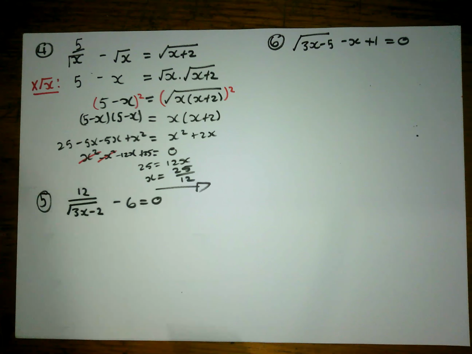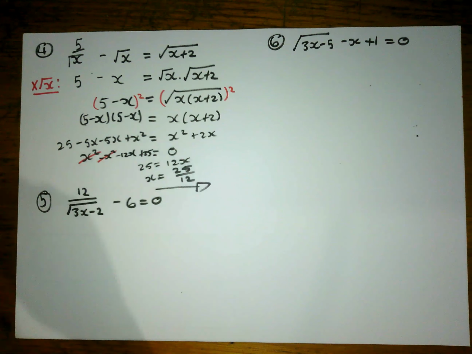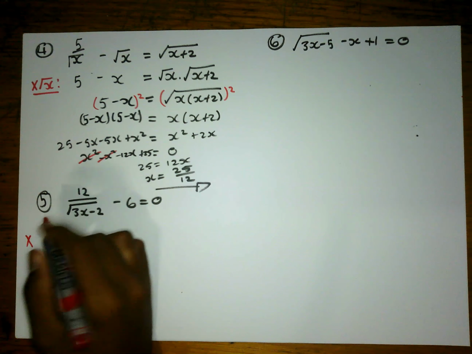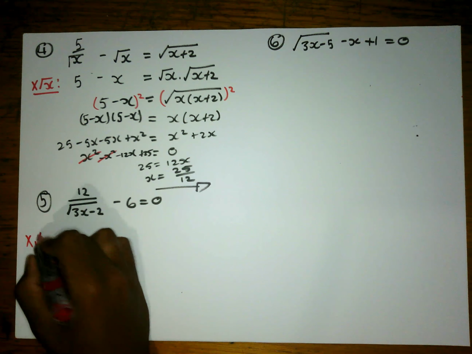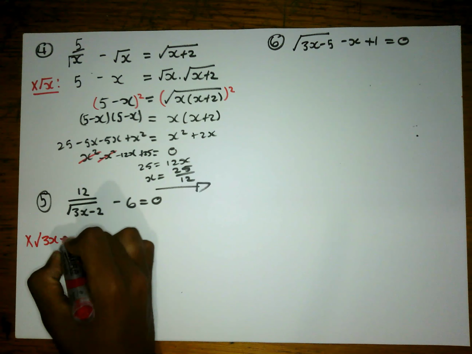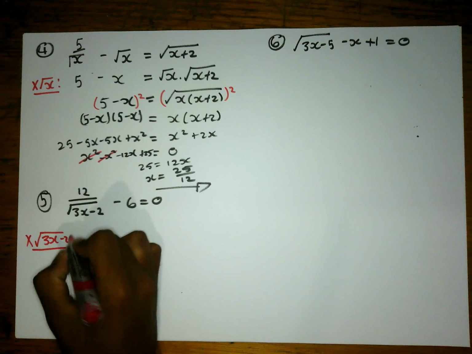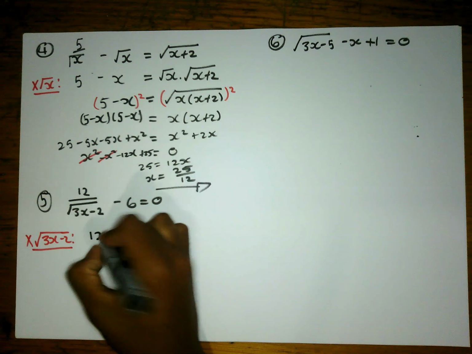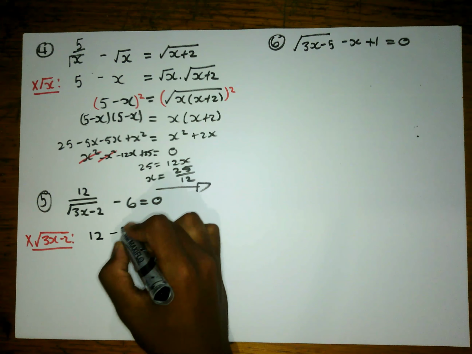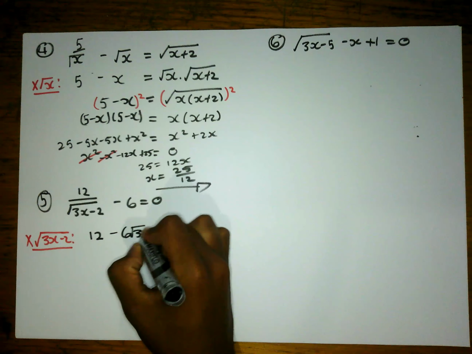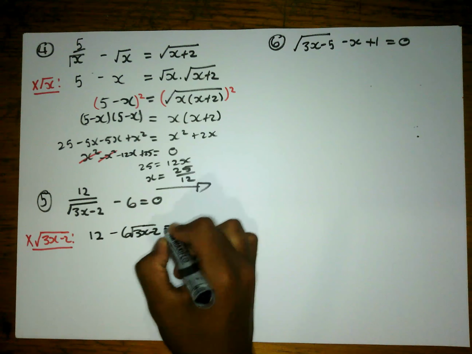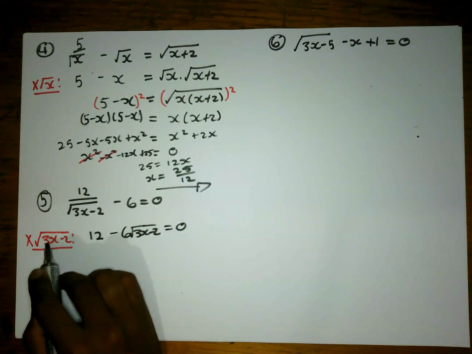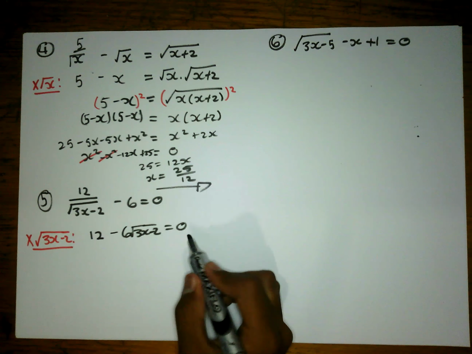Okay, so again we have a fraction and we don't want a fraction. So what do we do? We multiply with the denominator. And then we're left with a 12 minus 6 times the square root of 3x minus 2. This multiplied by 0 will still stay 0.